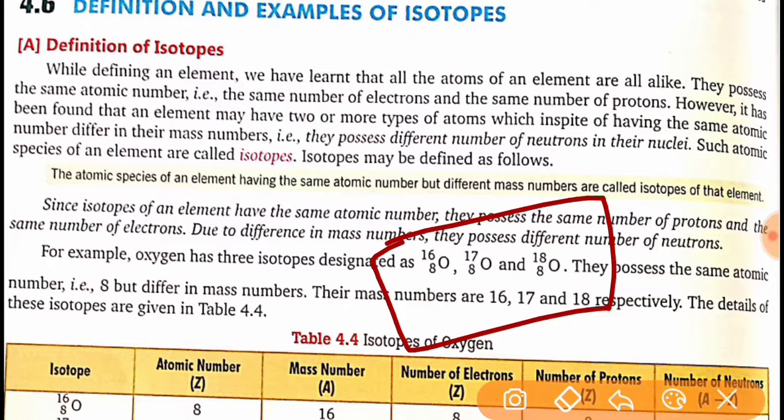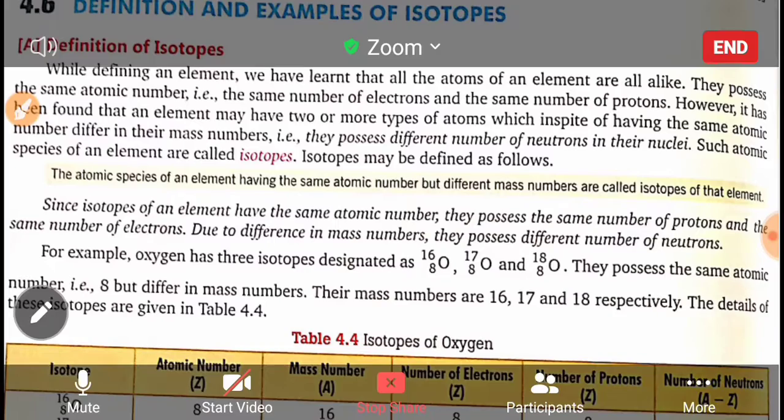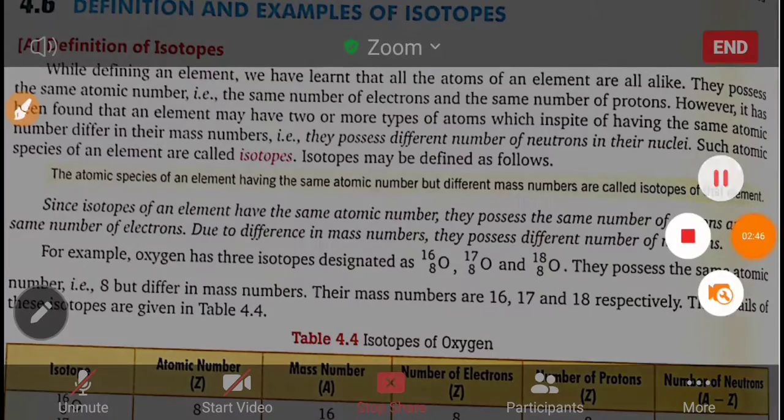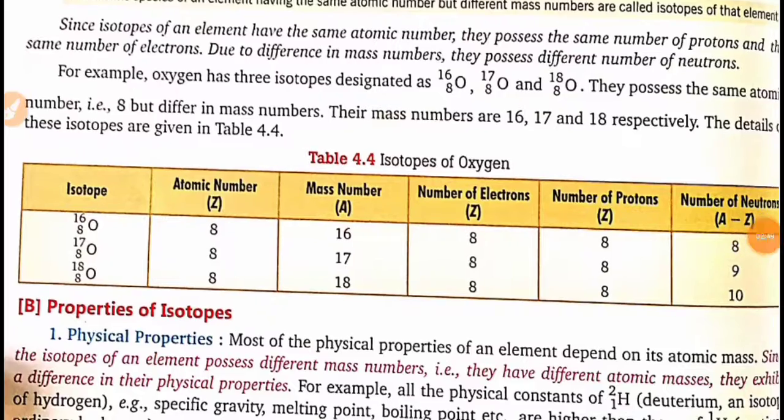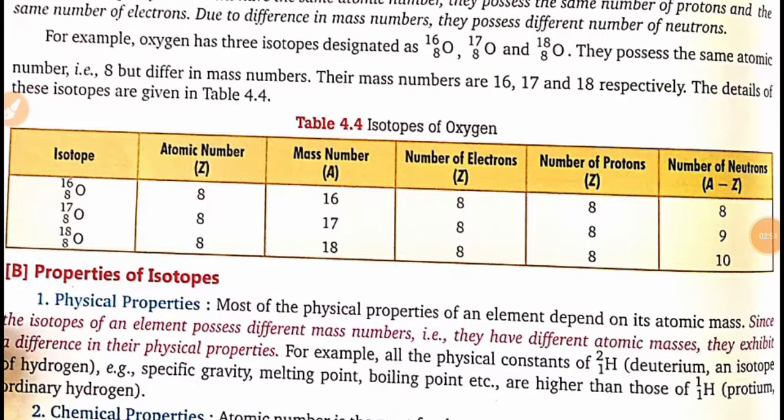The second one is 8, atomic number is same but mass number is 17. Atomic number same but their mass number different, so they possess the same atomic number 8 but different mass number, so that's why they are the isotopes of oxygen.